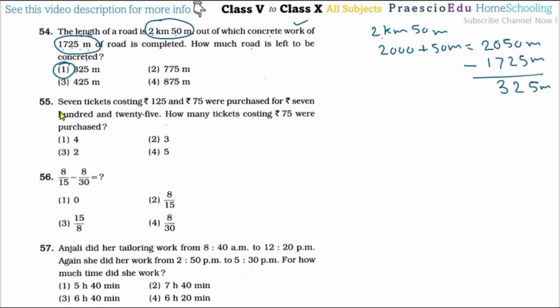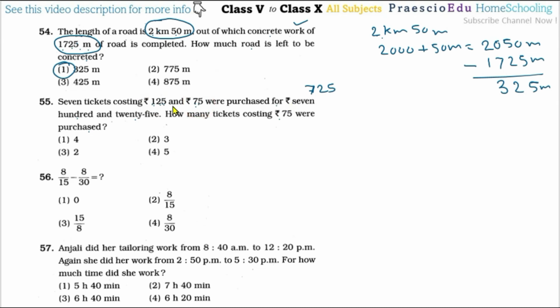Then question number 55. 7 tickets costing rupees 125 and rupees 75 were purchased for rupees 725. This is the total price. Then how many tickets costing rupees 75 were purchased? So these are the two ticket rates.